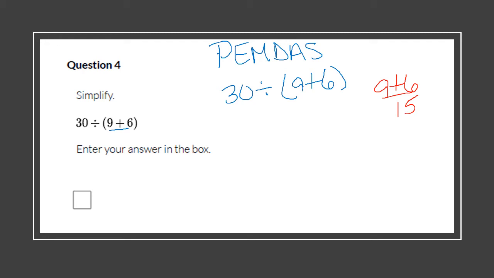Okay? So then I can rewrite my equation replacing the parentheses with the answer I just got, 9 plus 6 is 15. So 30 divided by 15 is 2.